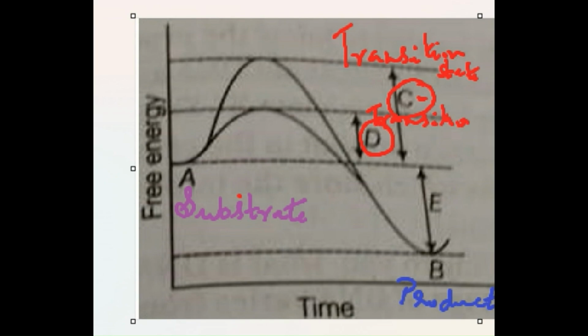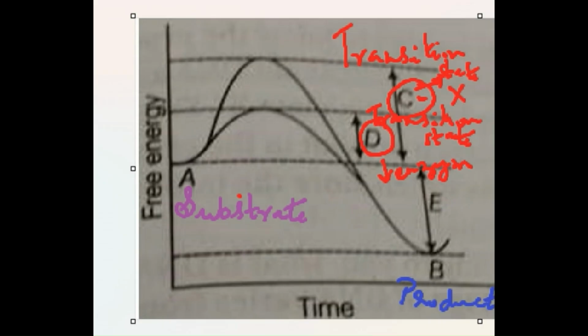But there is a difference in both of these transition states. More activation energy is required for C. Why more is required is that C does not use enzyme. There is no enzyme used by C, so more activation energy is required. Whereas D is using enzyme.